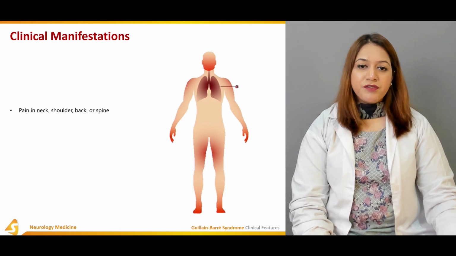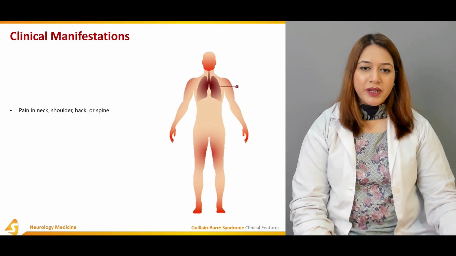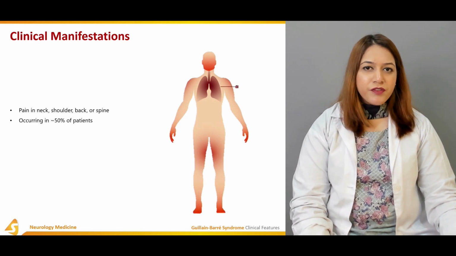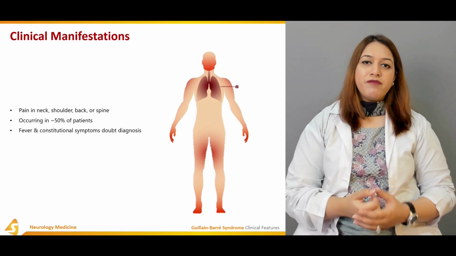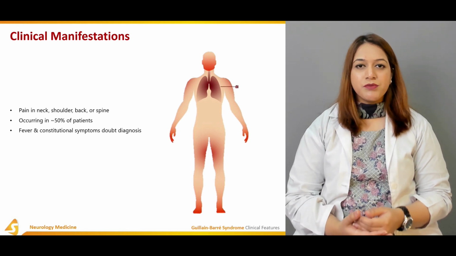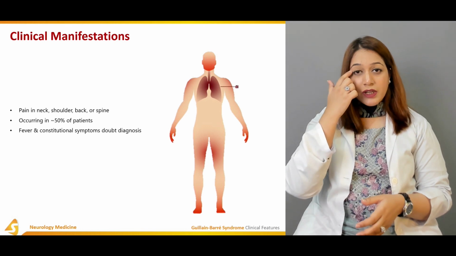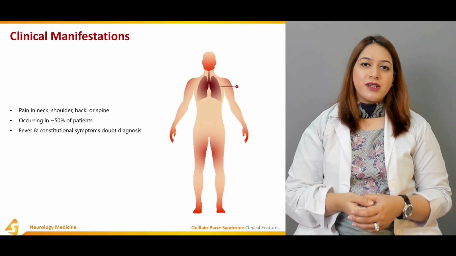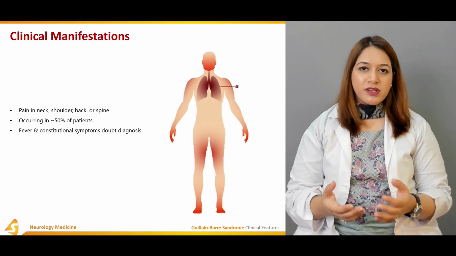Certain other manifestations are pain in the neck, shoulder, back, or spine. It occurs in around 50% of the patients. And if in a patient we find fever and constitutional symptoms, what are constitutional symptoms? These are all the symptoms that are generally present in other systems of the body, such as malaise, fever, weight loss, and anorexia.